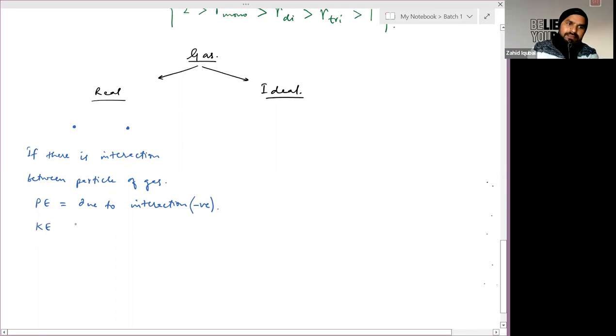Next, it must have some temperature, due to which it will have some thermal kinetic energy. If you add these two energies, the total energy related to the gas is called internal energy, represented by U, which equals kinetic energy plus potential energy.